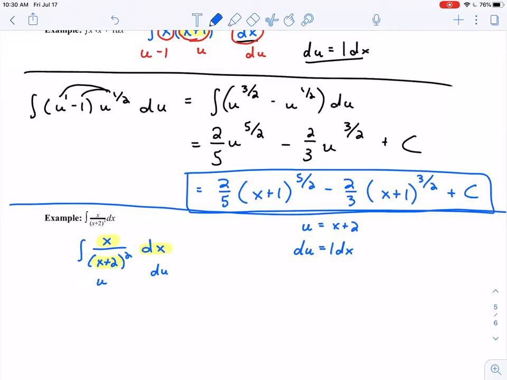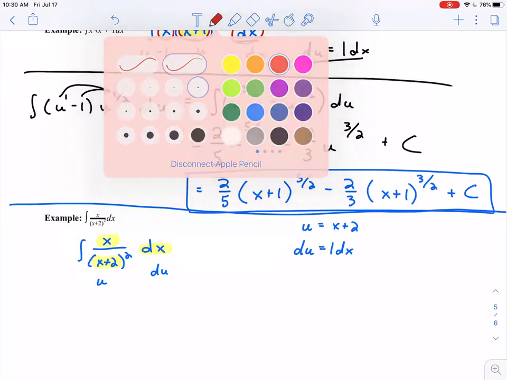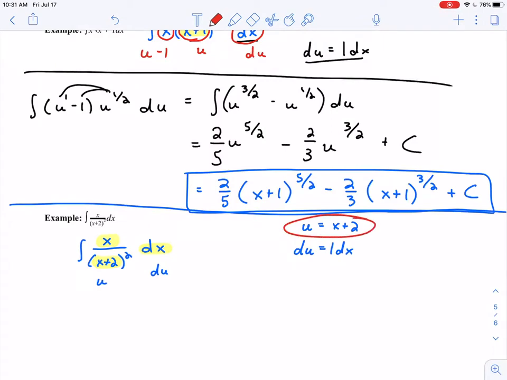So I need to look back at this equation that I've written for u and solve it for x. If I just subtract 2, this is really u minus 2 is equal to x. So when I take out this x, I'm going to replace it with u minus 2.